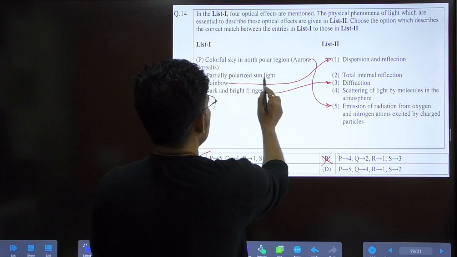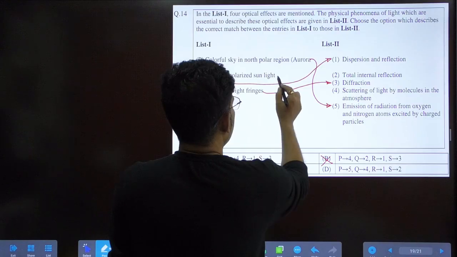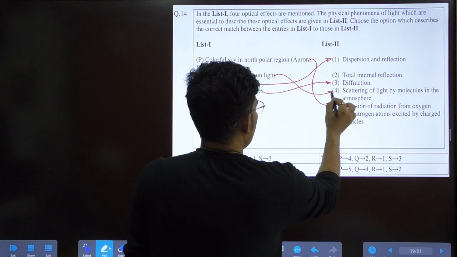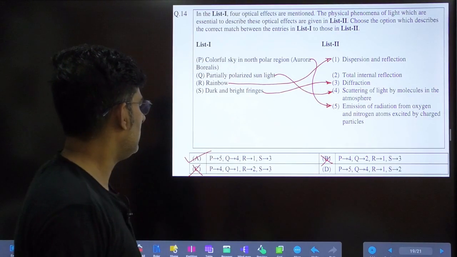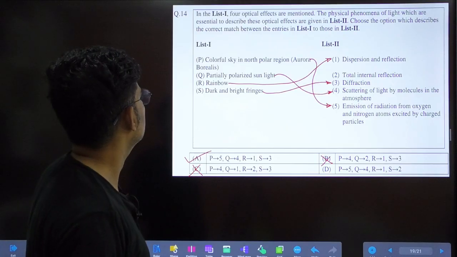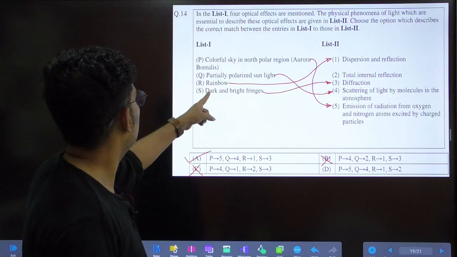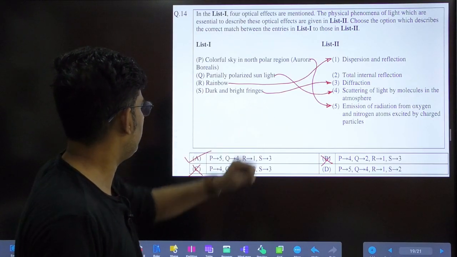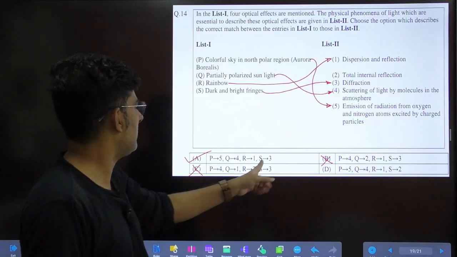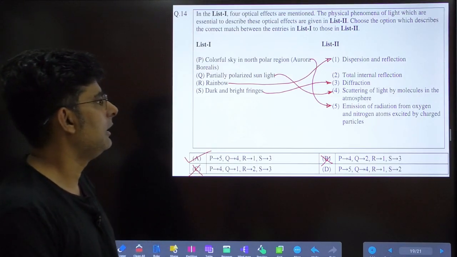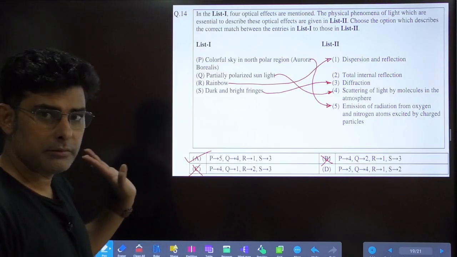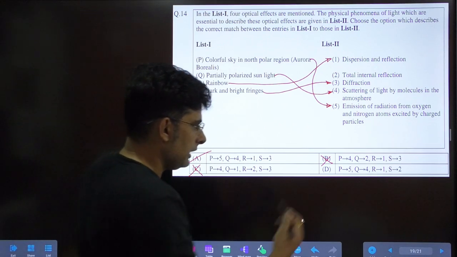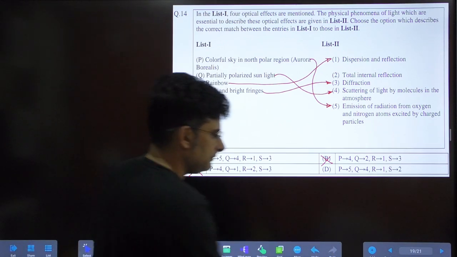So the reason for Q, partially polarized, is scattering. So Q matches with 4. So option A will be the correct one. I hope this is also clear to all of you. Let's move on to the next question.